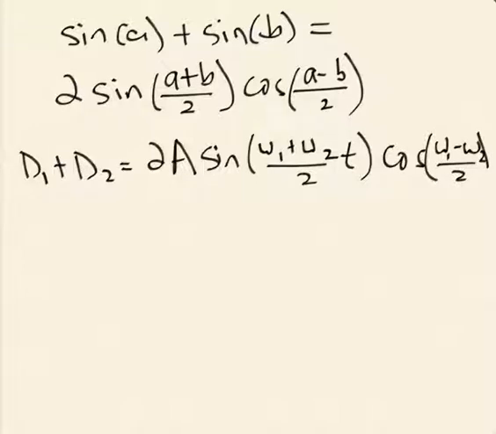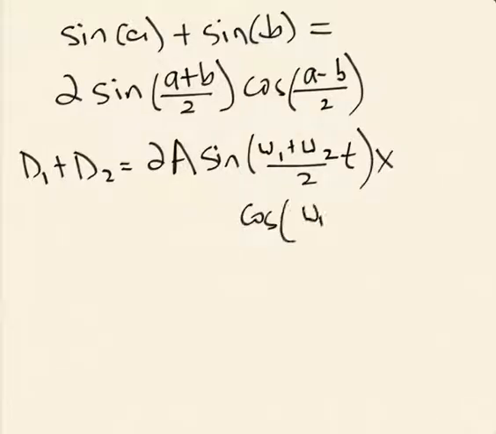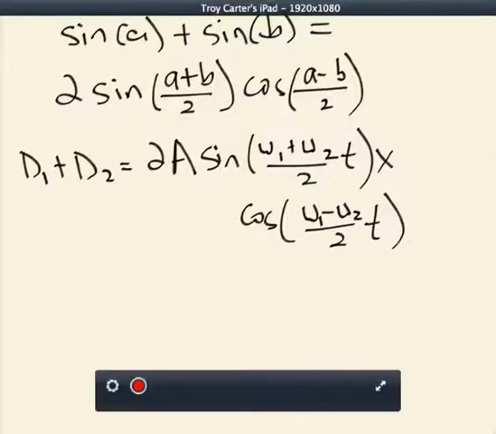I didn't do a good job there. Okay. So let me fix this. Okay, and say times cosine of (omega 1 minus omega 2) over 2 times t. Okay, so that's the mathematical result of adding these 2 waves together. I'm sitting in one point. I have waves of 2 different frequencies washing over me.